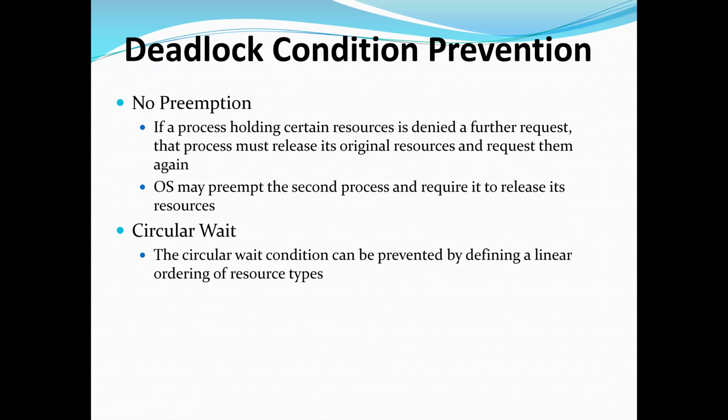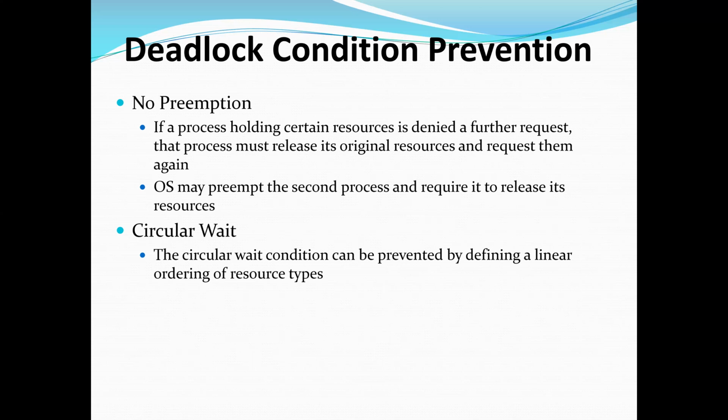Here we say that if a process holding certain resources is denied a further request, that process must release its original resources and request them again. So the operating system may preempt the second process and require it to release its resources. This approach is practical only when applied to resources whose state can be easily saved and restored later, as in the case with a processor.